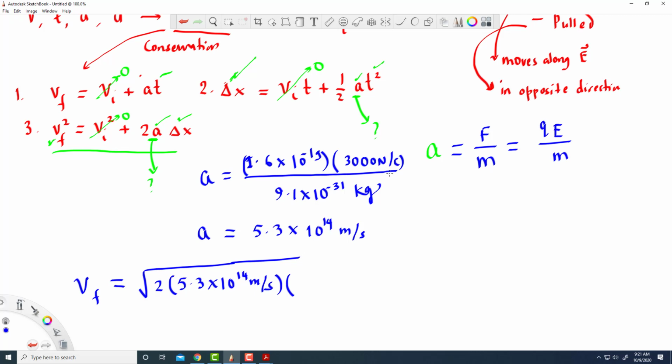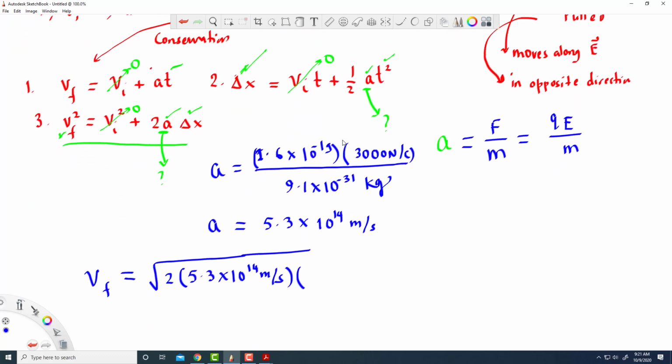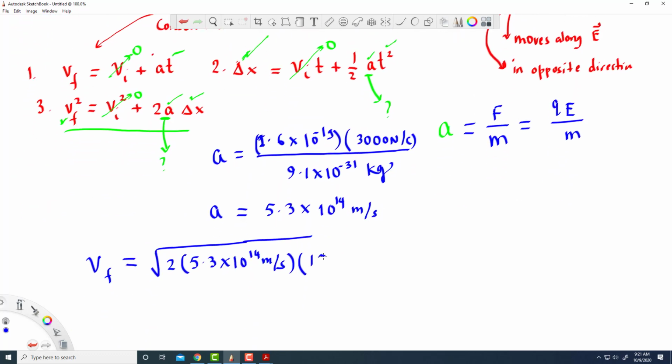Delta x is given, 15 centimeters. So 15 times 10 to negative 2 meters. And then you can find that. Where is the square root?